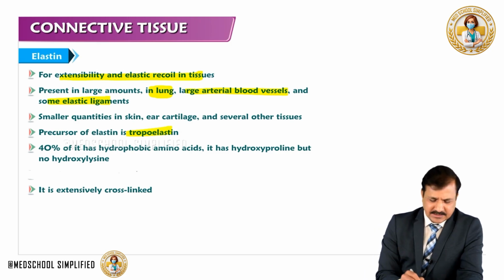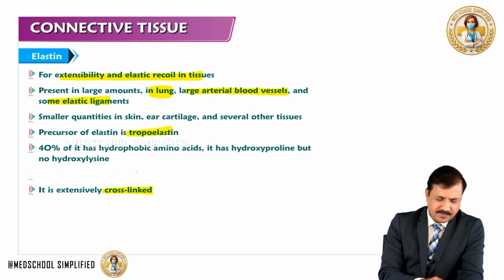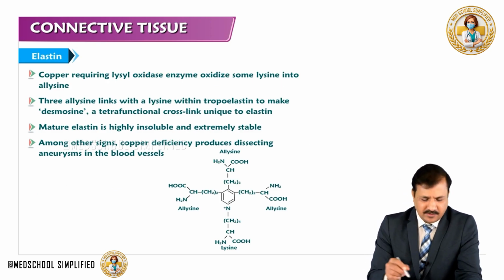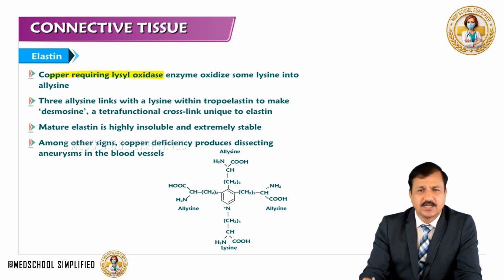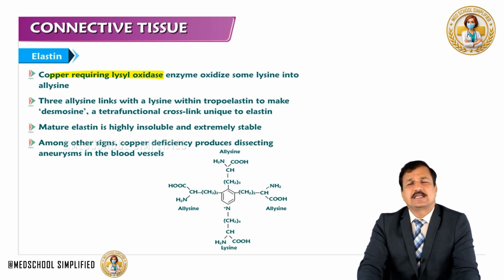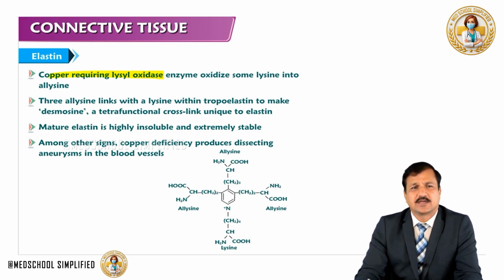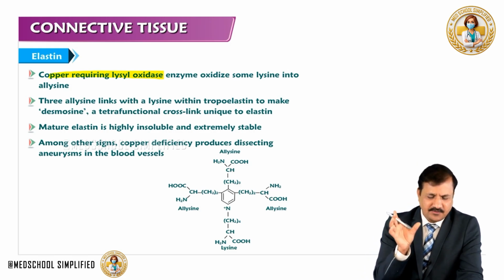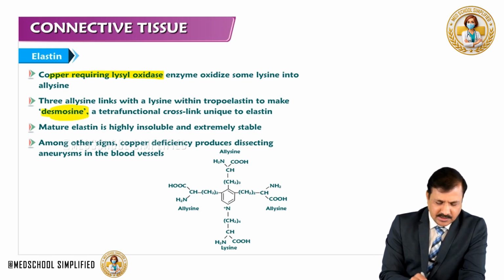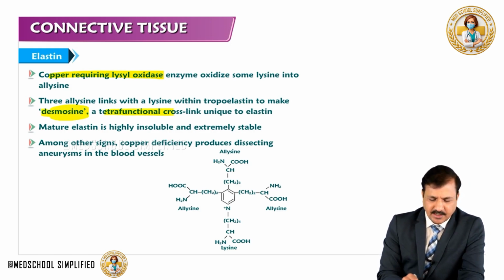Now, elastin is extensively cross-linked, and cross-linking of elastin, just like collagen, needs the activity of copper-dependent lysyl oxidase enzyme, which will convert some of the lysine in tropoelastin into allysine residues. One special feature of elastin is the formation of desmosine crosslinks, which is a tetrafunctional crosslink unique to elastin.